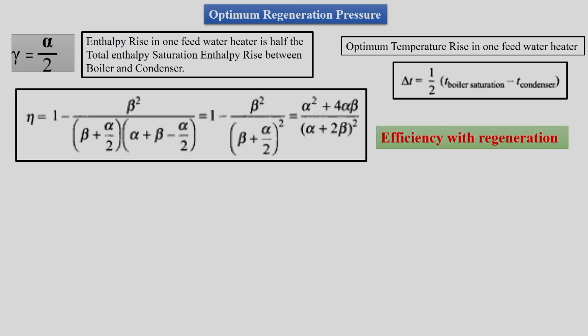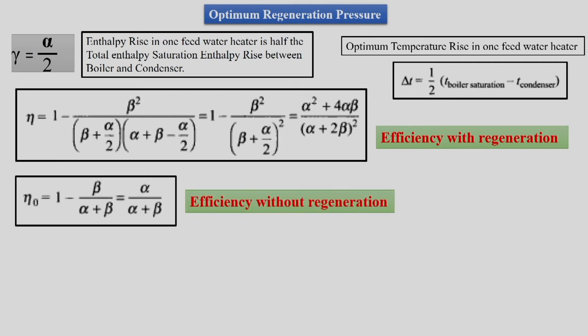If we put the corresponding gamma value as alpha by 2 in this formula, then we get a formula for the new efficiency with optimum regeneration. This is the change in efficiency which we are interested in; the earlier efficiency formula is without regeneration.